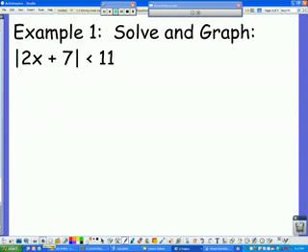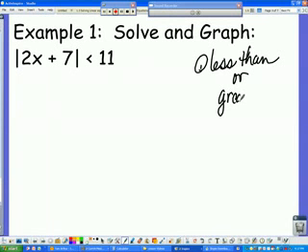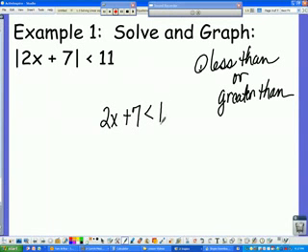So the very first one. First of all, you need to decide, is this a less than or a greater than? And since it's a less than, you're going to rewrite it without the absolute value bars. And then remember, you need to do a negative 11 and another less than sign.